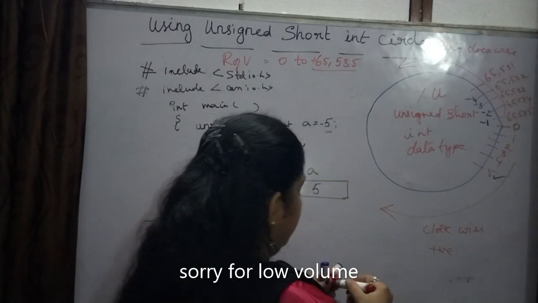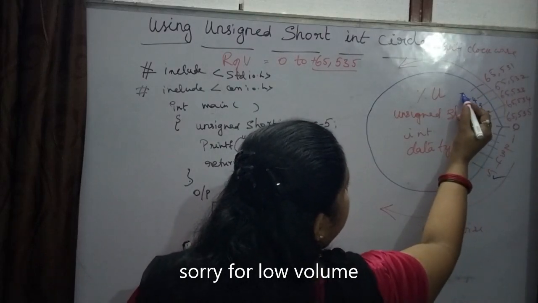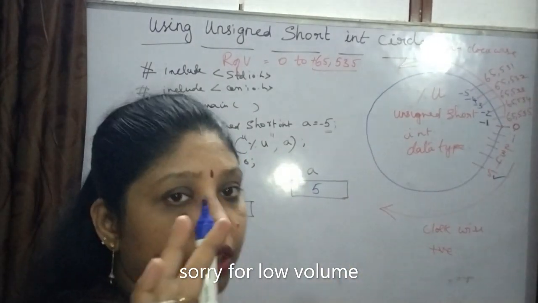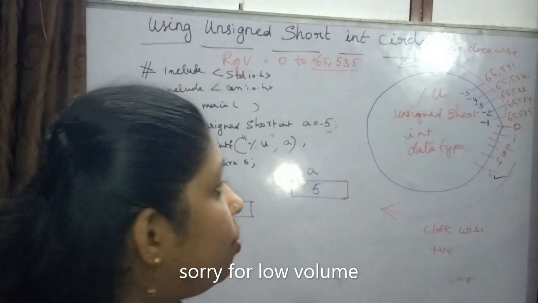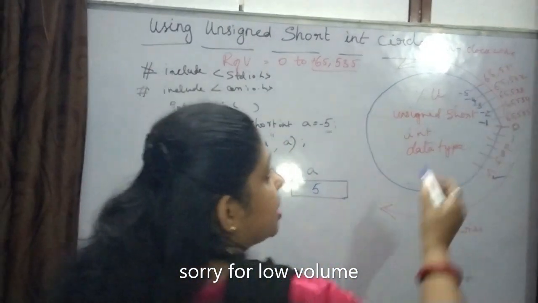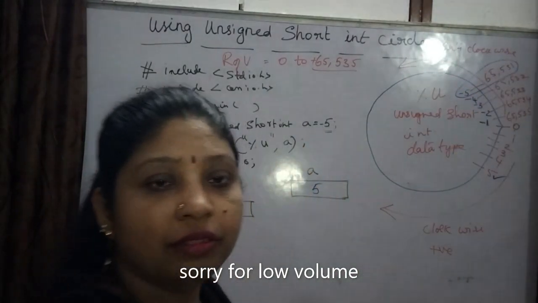65,531. Next it comes to this number and sees that it is minus 5. Now it sees that to the variable we have given minus 5. So when it is checking in the anti-clockwise direction, it is finding this number in this place. Understood?